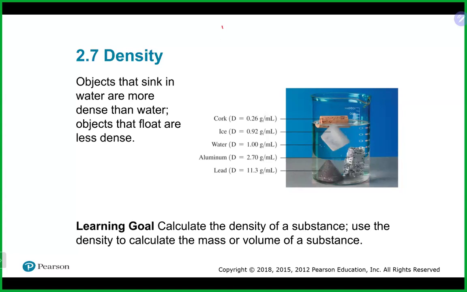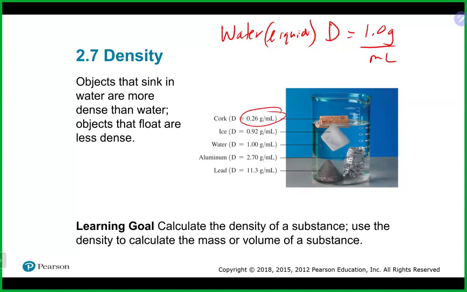Liquid water typically has a density of 1 gram per milliliter, and anything that is heavier than that in terms of its density will sink, and anything lighter than that will float. So you can see here a cork has a density of 0.26, which is less than 1, so it floats. A piece of lead is 10.3 grams per milliliter, so it sinks to the bottom.